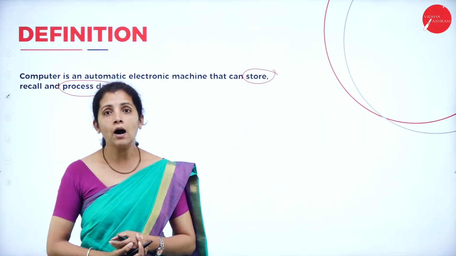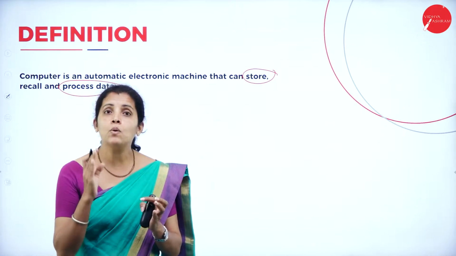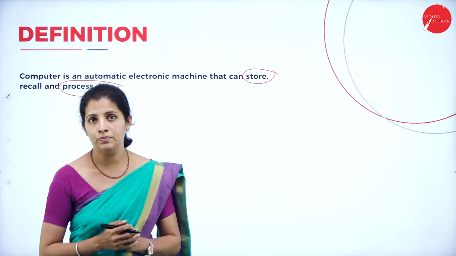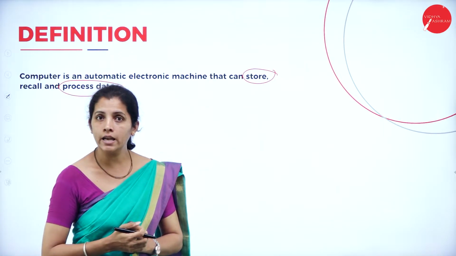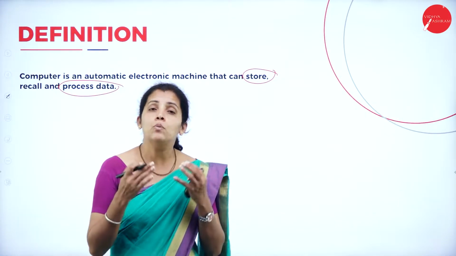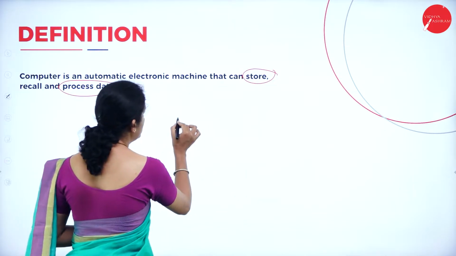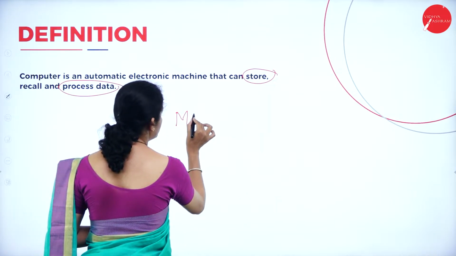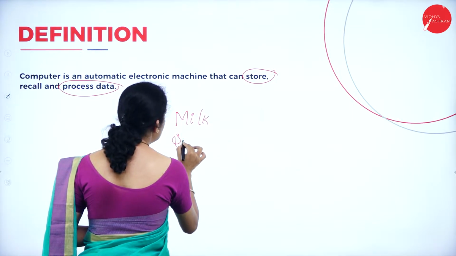Now, dear student, think that I want to prepare 1 cup of tea. And to prepare 1 cup of tea, what do I require? I require ingredients. And what are the ingredients I require? I require milk. Then I require sugar.